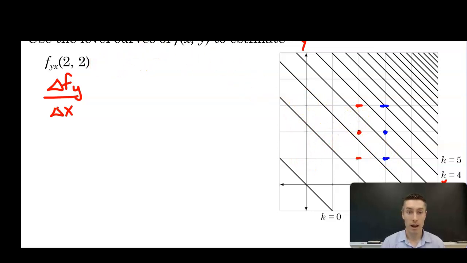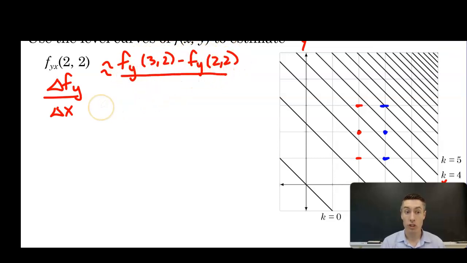All right, so writing this out, we're going to estimate this by evaluating the first order partial at the point 3, 2, minus the first order partial at 2, 2, over the change in x, which is 3 minus 2. So we are calculating the rate of change parallel to the y-axis, but moving parallel to the x-axis. That is what a mixed partial represents.